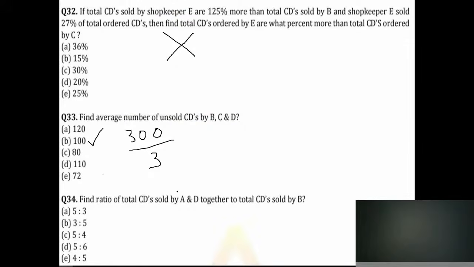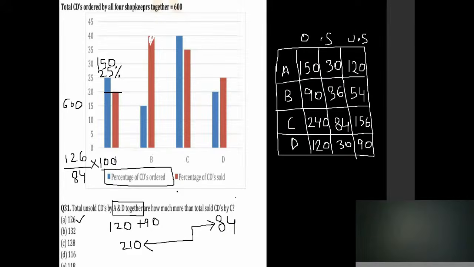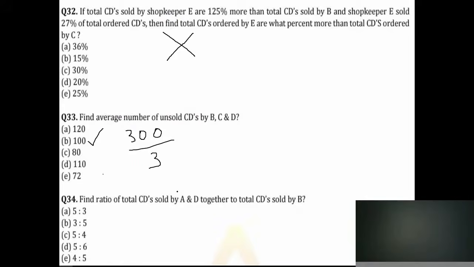Next, the total CDs sold by B is 36. So 60 is to 36.